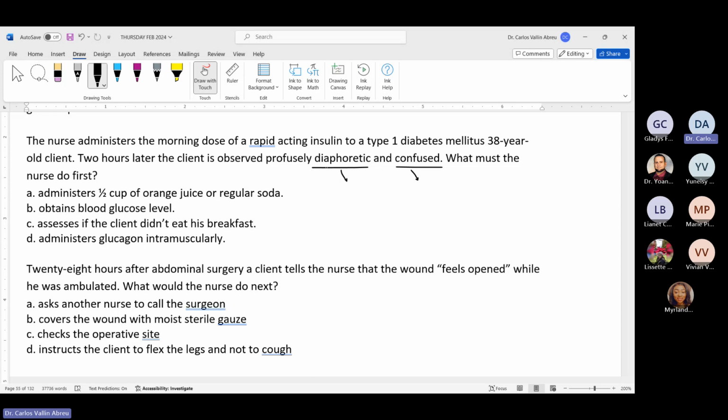of other conditions. So here we don't have a glucose level to confirm that this client is having hypoglycemia. So we need the blood glucose level, which is easily determined with a capillary blood sugar with an accucheck.